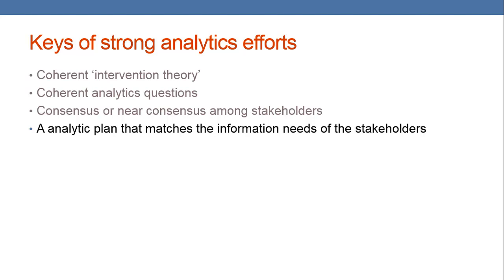It's a useful question to ask as you're finalizing the analytics plan. And then I think finally, the right analyst for the job. There's a really wide range of analytic types, and doing a good match between the skills of the analyst and the requirements of the project is key to the project being successful.